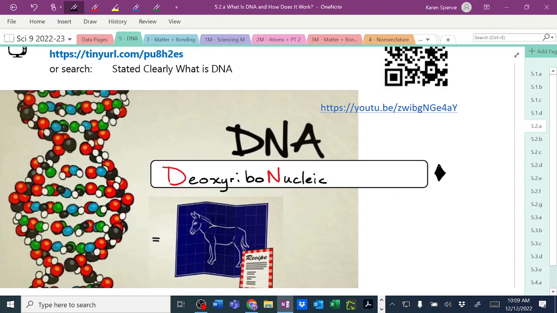It is called deoxyribonucleic acid because it is related to the nucleus. Nucleic, and then of course the A stands for acid. But that is a black diamond term, okay? If you just know it as DNA, that is perfectly good.